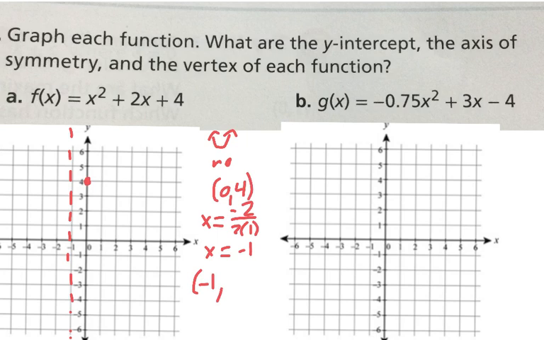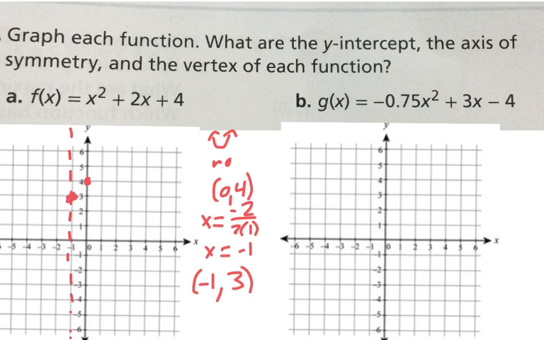If you put that in your calculator, you should get a y value of 3. Is that right? 1 minus 2 is -1 plus 4 is 3. So it should be -1, 3.